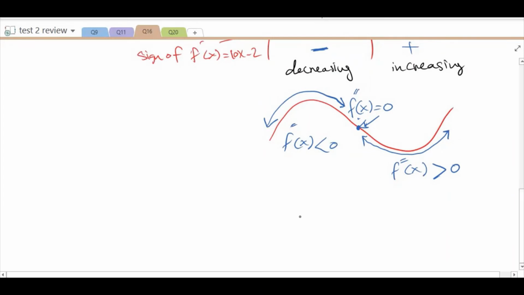So after we find the intervals and test those intervals, if we figure out that f double prime of x is negative on this interval, then our conclusion will be the function is concave down. If we found that f double prime of x is positive on a specific interval, we're going to say that f is concave upwards, or concave up in this case.